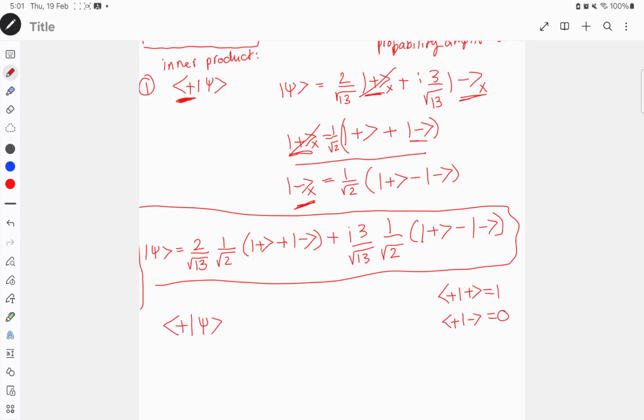I rewrite it, maybe it's better. Okay, I'll get this one. I'll copy and paste.